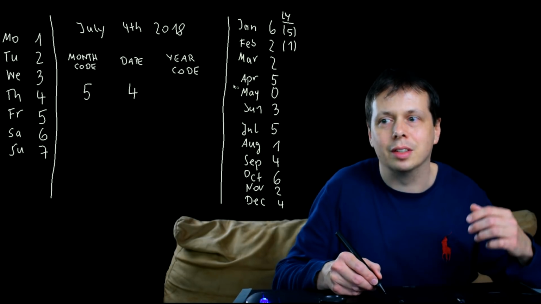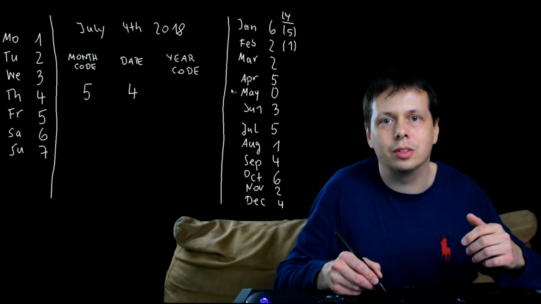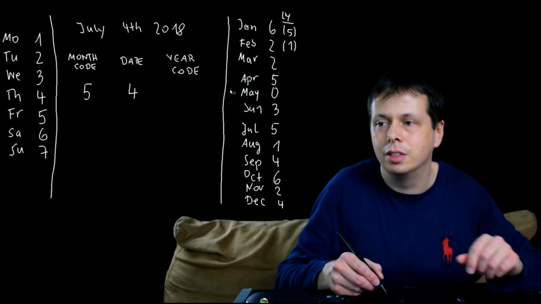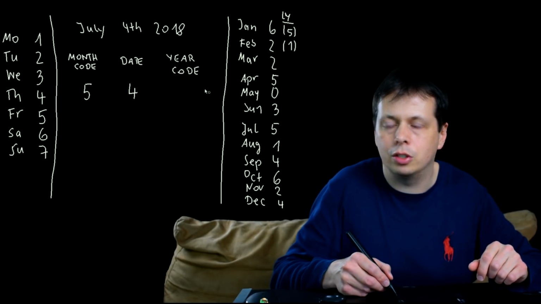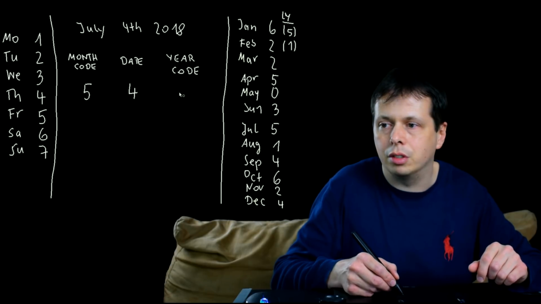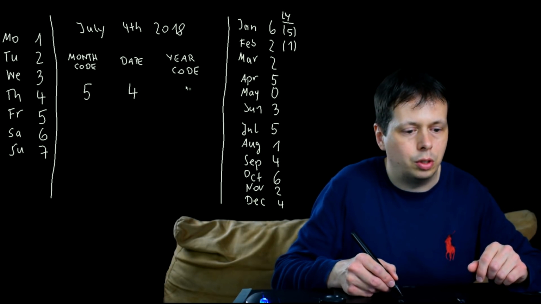So, like if you want to calculate the year code for a year in the 21st century, you have to divide.